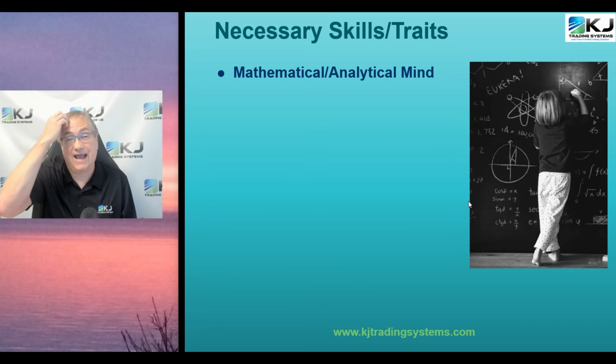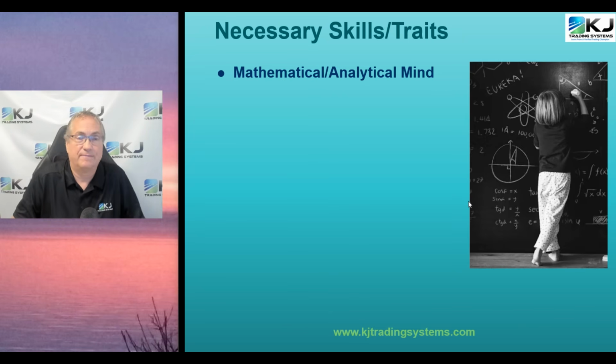Well, first of all, you need to kind of have a mathematical mind, okay? A lot of people who get into algo trading tend to be engineers, doctors, dentists, accountants, finance people who analyze things, research scientists, those type of people. The people who don't tend to do as well with algo trading tend to be more what we consider right brain thinkers, where they use their emotions and that kind of thing in what they do.